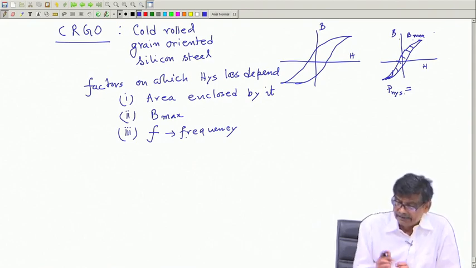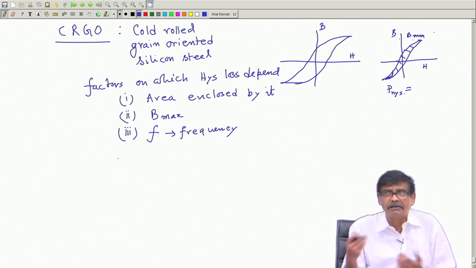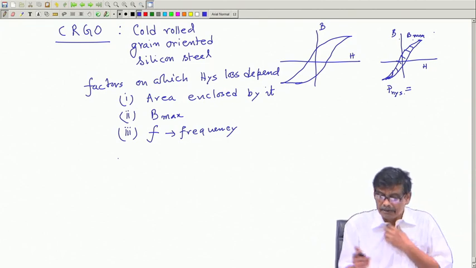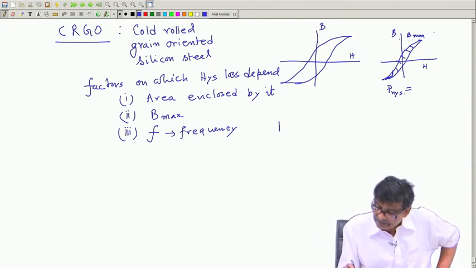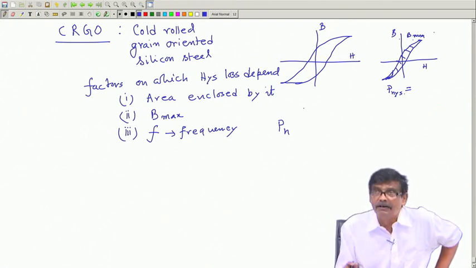All this said and done, after doing some experiments on several magnetic materials, some people say there is a formula for hysteresis loss. In fact, it was proposed by Steinmetz, a formula for which there is no derivation.